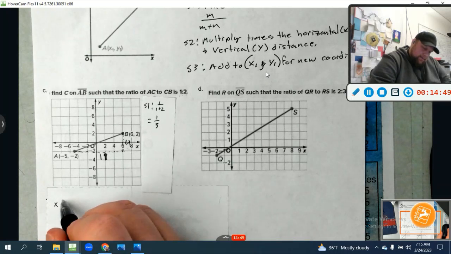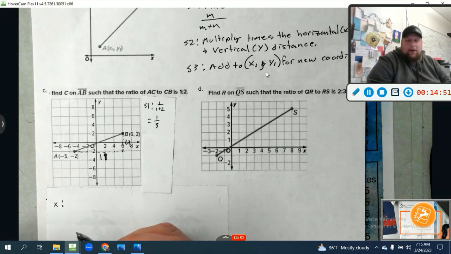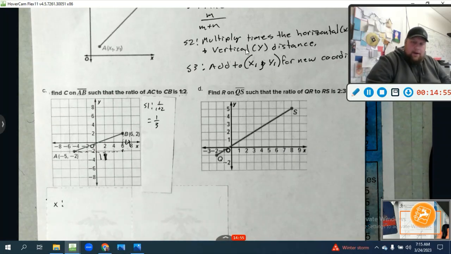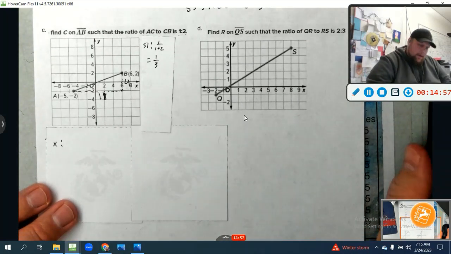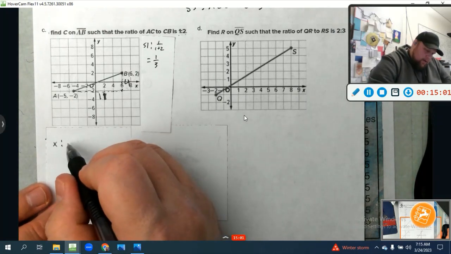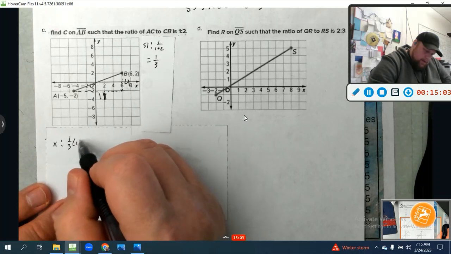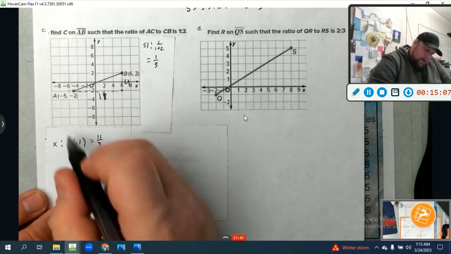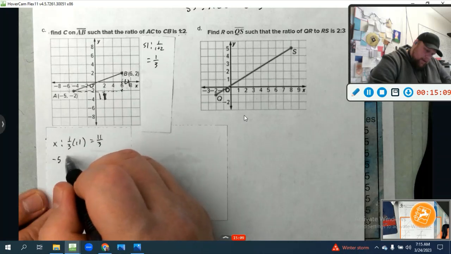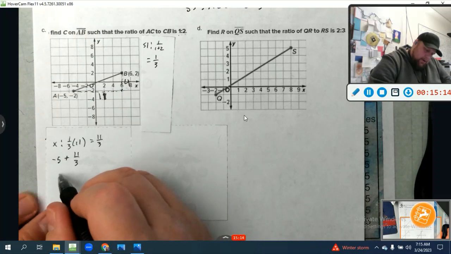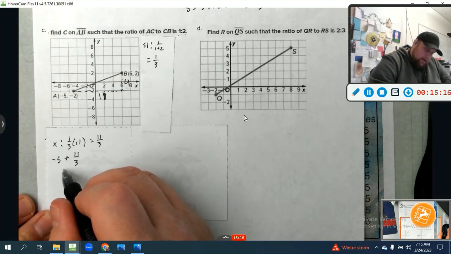All right. Now, let's go ahead and look at my x. What's that going to be? Well, I kind of go back between methods, guys. It just depends on what your preference is. Let me scroll up so you can see this a little better. So I'm going to have 1/3 times the distance of 11, which equals 11/3. All right. And I'm going to add that. I'm going to have negative 5, which is my x1 value, plus 11/3, which we know is, let's see, if I want to convert that to the thirds, right?